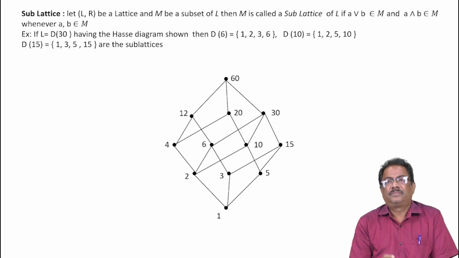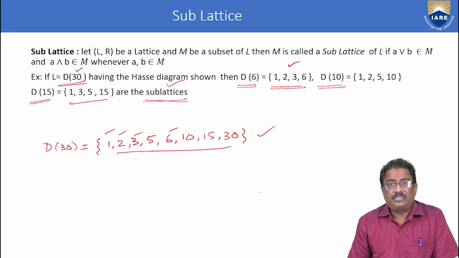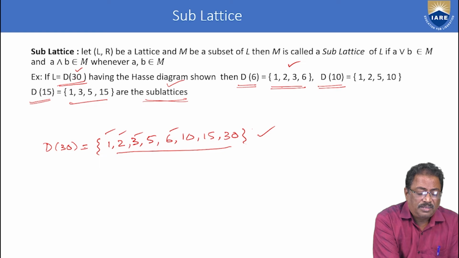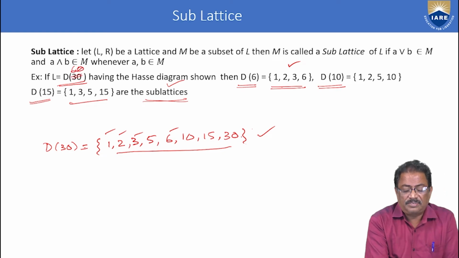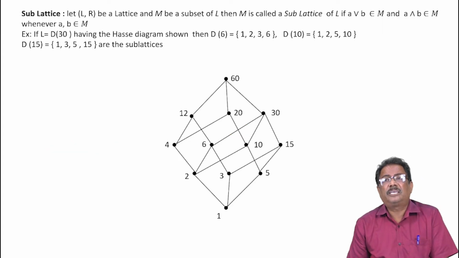Now let us consider this diagram of D30. No, it is D60. Let us change this; I am just considering 60. D60, the divisors I am just taking.